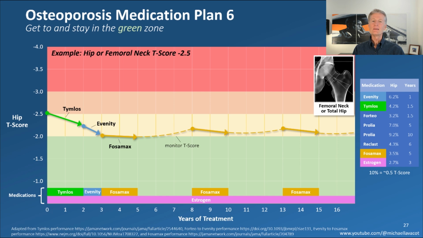So again, the hip is more difficult to move, and you might end up on Prolia regardless of what you do if your hip score is worse than -2.5. Okay, but that's not necessarily a bad thing. It's actually a good thing that we have that option. And again, Prolia, unlike the bisphosphonates, seems to increase that bone thickness, that web thickness, at least to some extent over time.